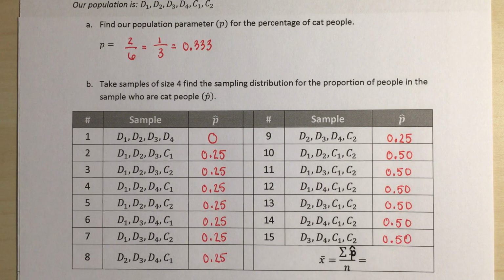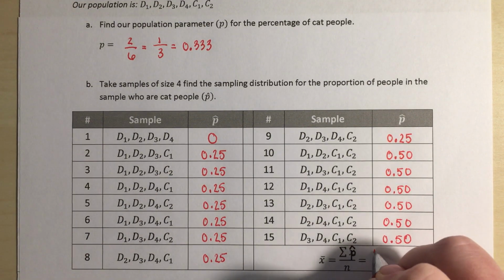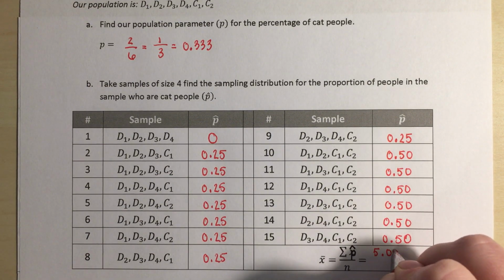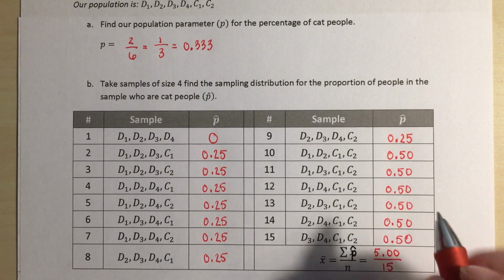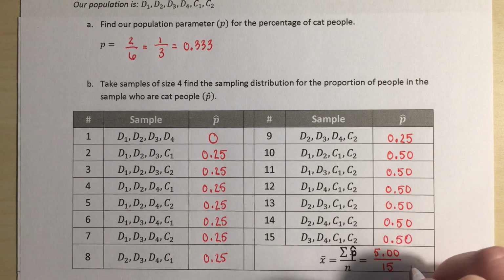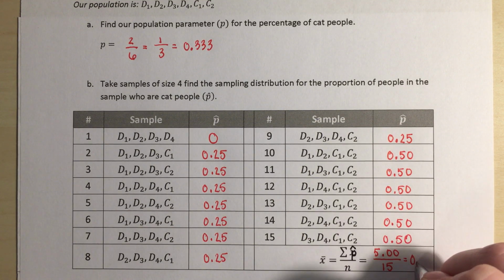If we add this all up, we end up with a nice total of 5.00. Then we're going to divide that by our number of samples. Our number of samples was 15.